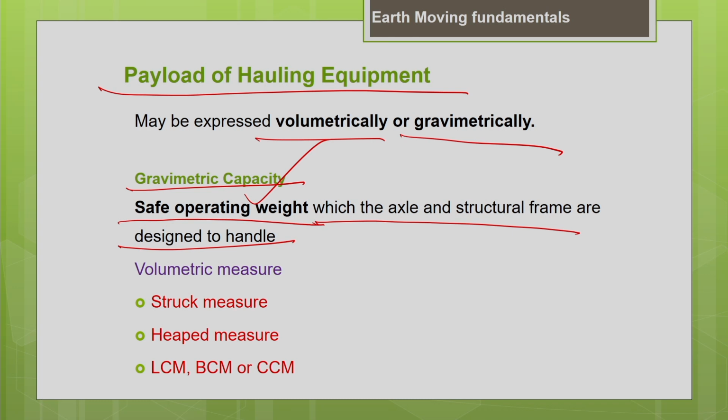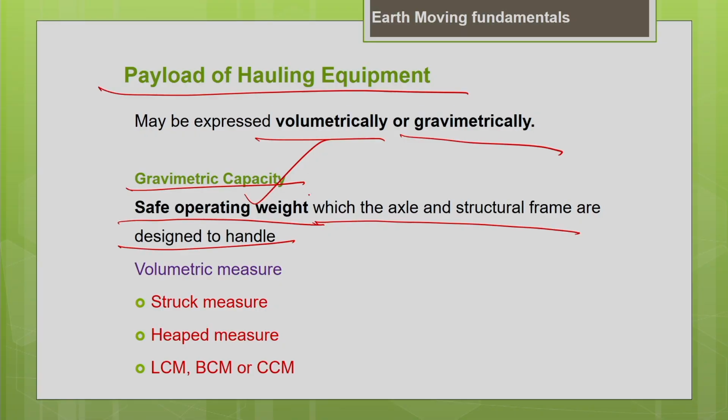This will result in huge additional cost of replacing your machine at an earlier age. So we won't save much by overloading the machine beyond its safe operating weight. That you should understand. It will result in huge loss to you by driving you to earlier replacement of your machine with a new machine.